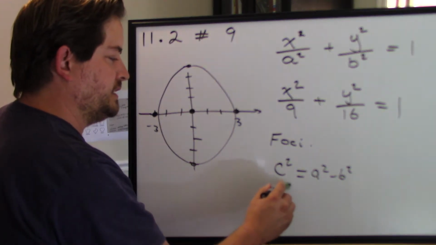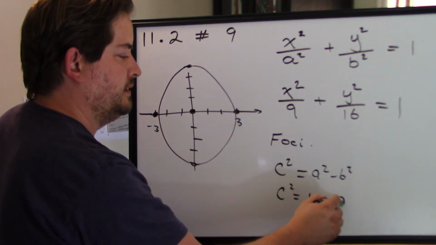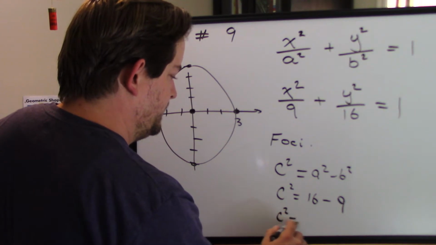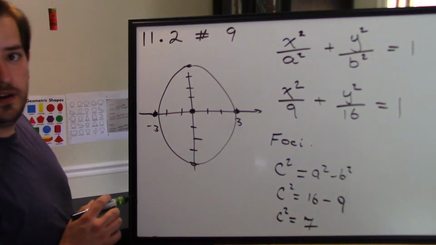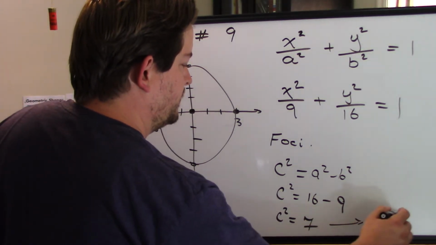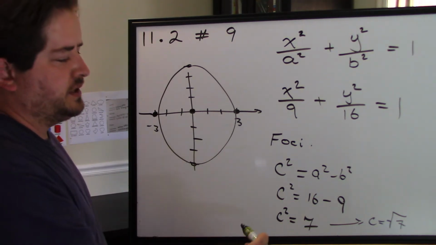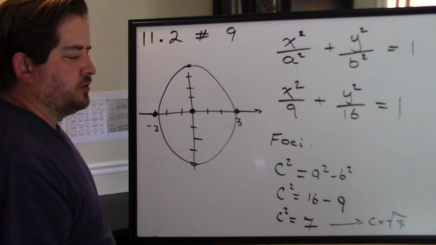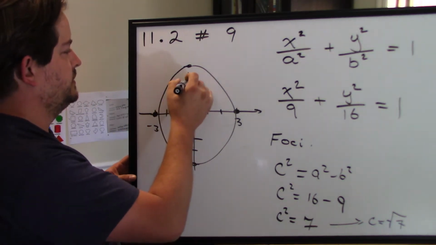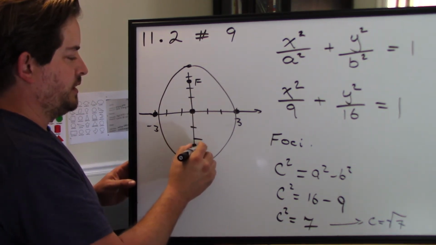So c squared is 16 minus 9, which is 7, and then c is the square root of 7. The square root of 7 is somewhere between 2 and 3, so it would be up here somewhere. Focus 1, focus 2, somewhere in here.